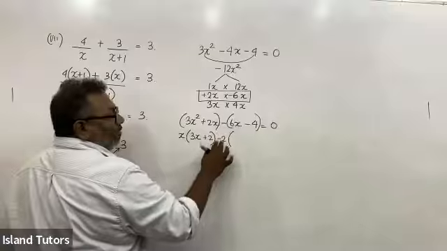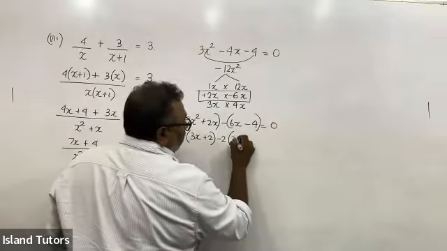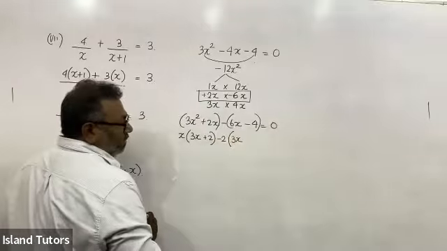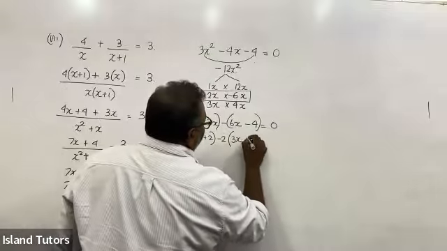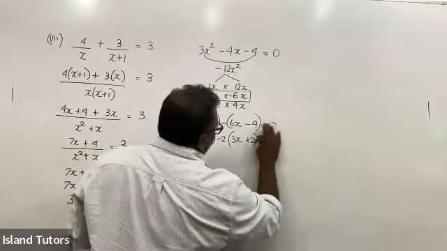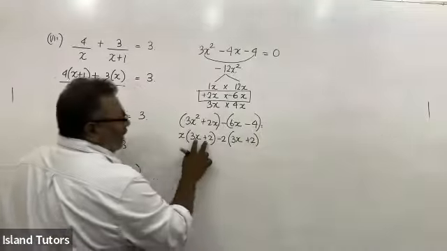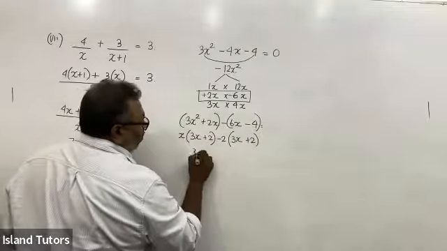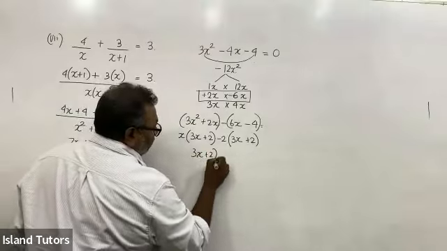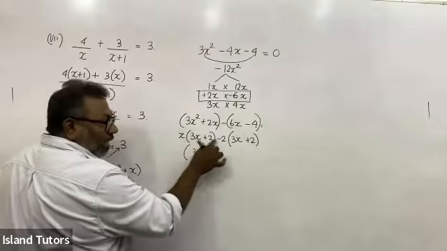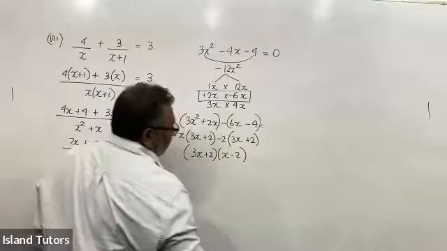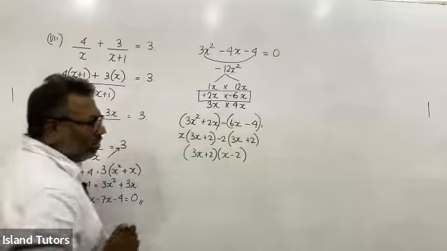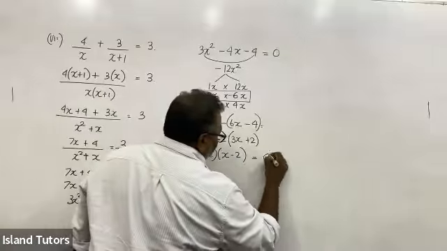Minus 6x divided by minus 2 will give you plus 3x. Minus 4 divided by minus 2 will give you plus 2. 3x plus 2 is one factor. x minus 2 is another factor, is equal to 0.